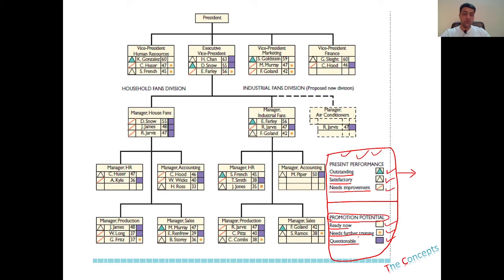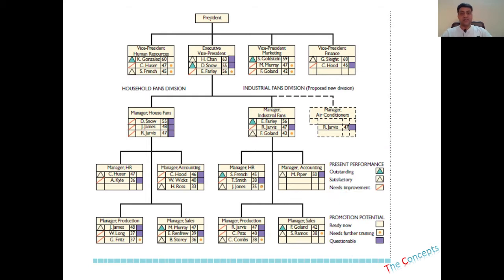Now, let's use these signs and know who can be promoted to what level. Let's suppose we have a president and he or she has to retire, or resigns, or the president is no more. So, who is the person who can easily be promoted from these levels to the president level?